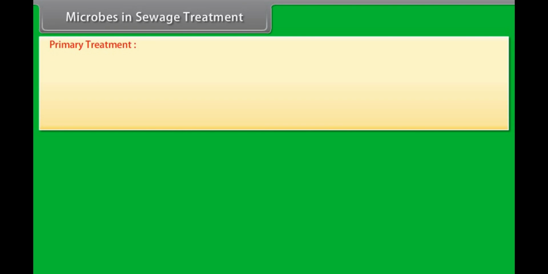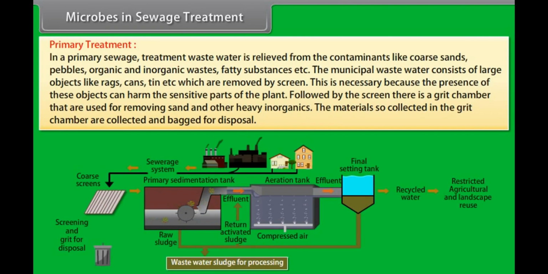Primary treatment. In a primary sewage treatment, wastewater is relieved from contaminants like coarse sands, pebbles, organic and inorganic wastes, fatty substances, etc. The municipal wastewater consists of large objects like rags, cans, tin, etc., which are removed by a screen.